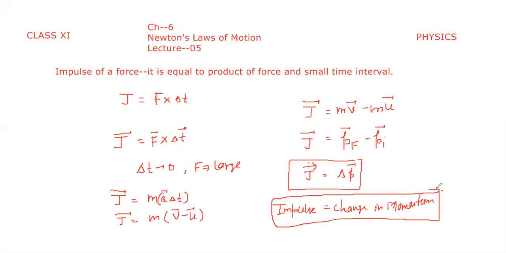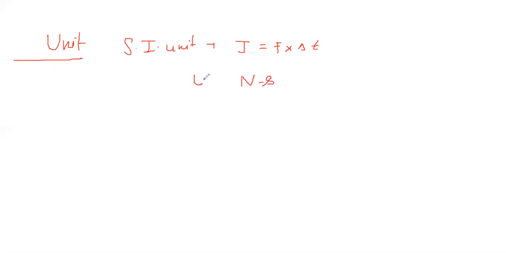Now what is the unit of impulse and what is its dimension? If we are talking about the SI unit, J equals F into delta T. Force unit is Newton and delta T is second, so the SI unit is Newton second.